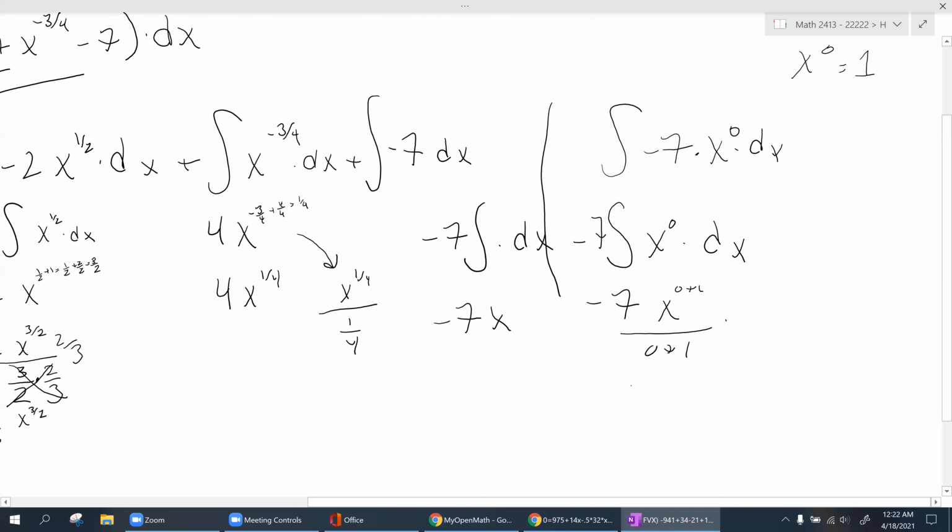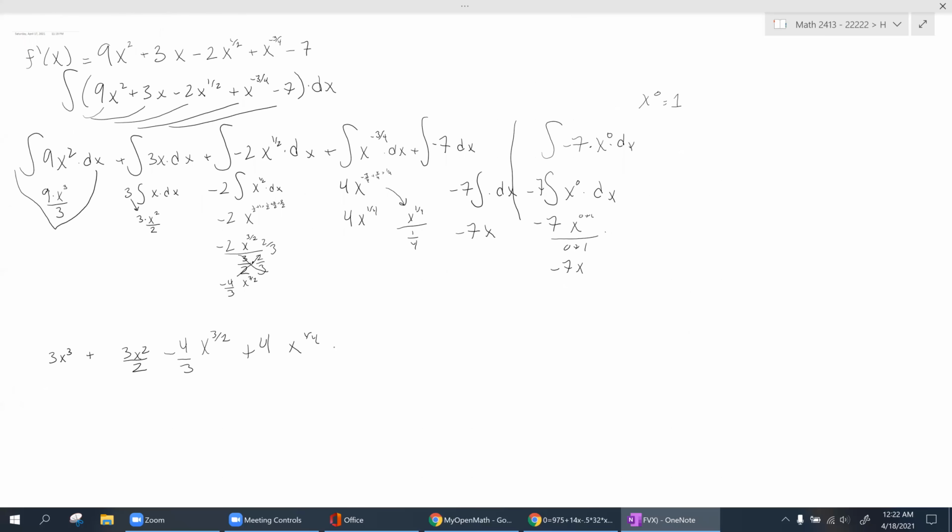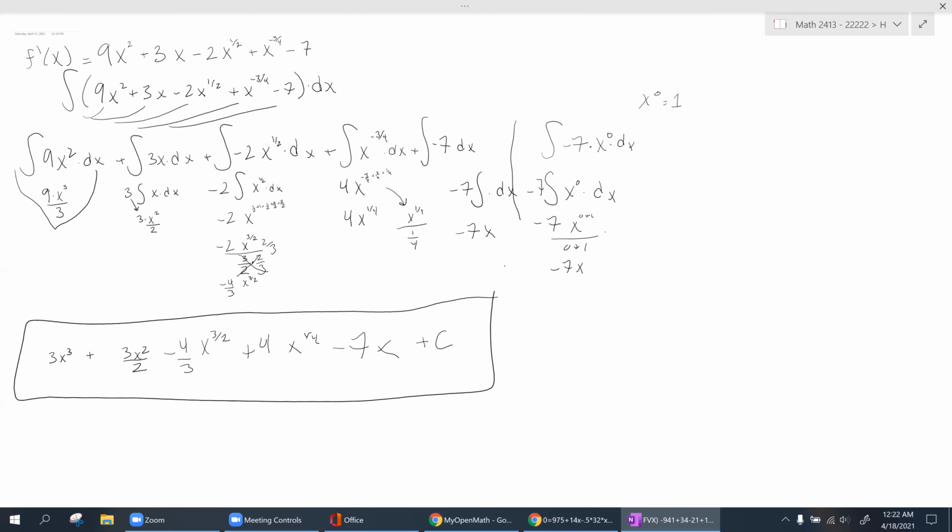So this is -7x to the 1 over 1, which is just -7x. Just remember, whenever you're integrating a regular coefficient, just attach an x to it. And at the very end, I'm going to add plus c. So you, the mathematician, just found the integral to this derived function.